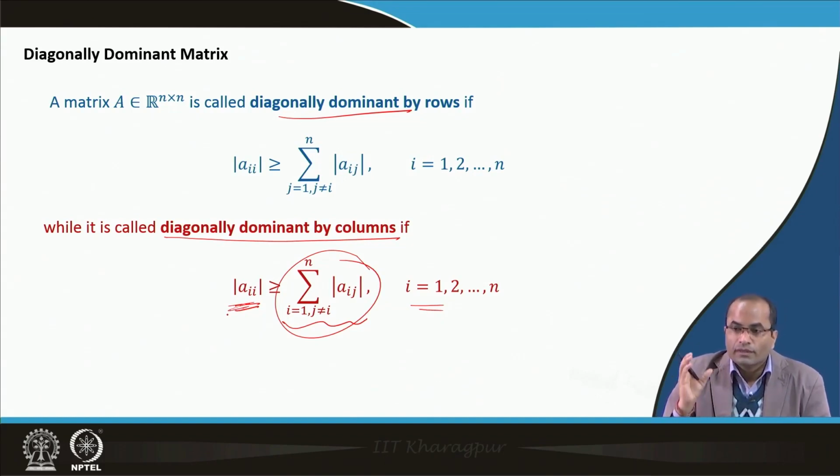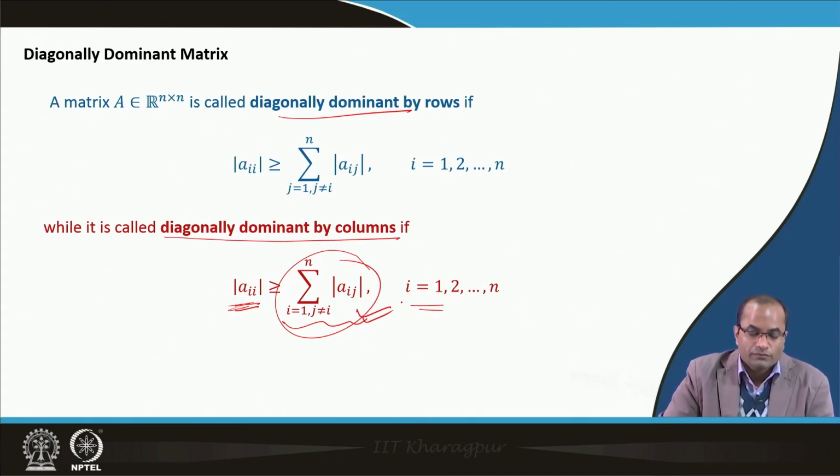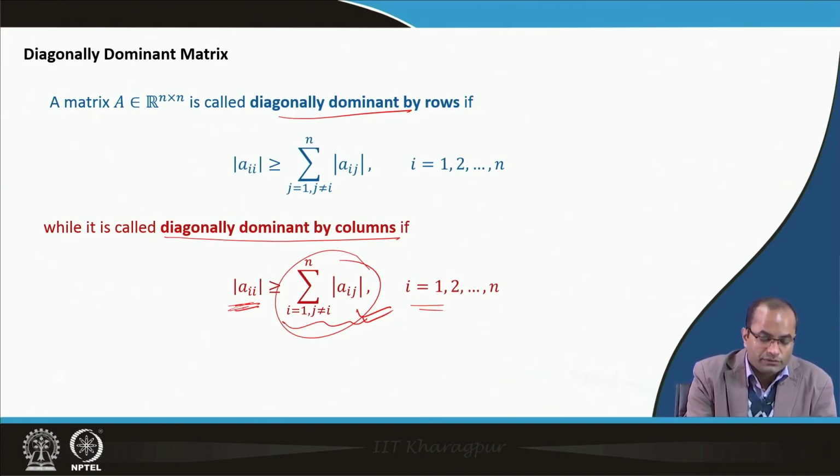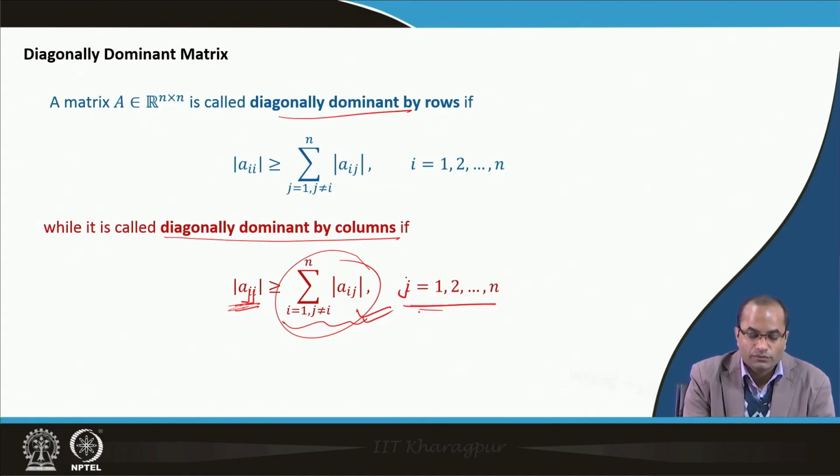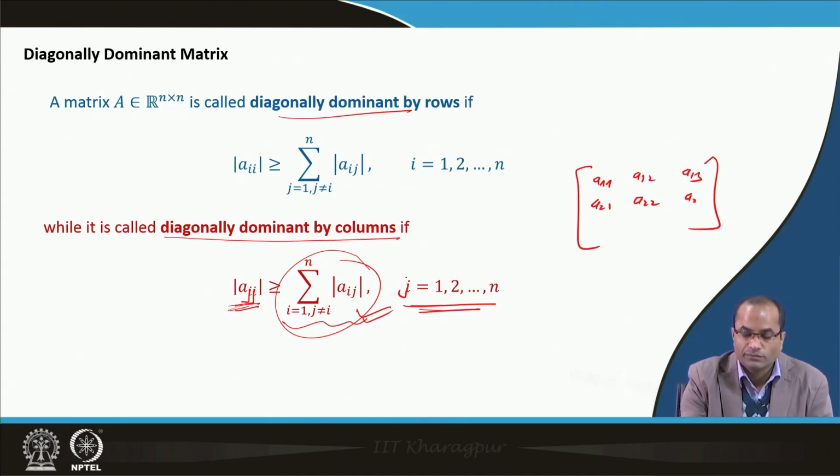So for each column we check this. In fact, it is better to write a_jj with j equal to 1, 2, 3, and so on, because the matrix is A11, A12, A13, A21, A22, A23, and A31, A32, A33.